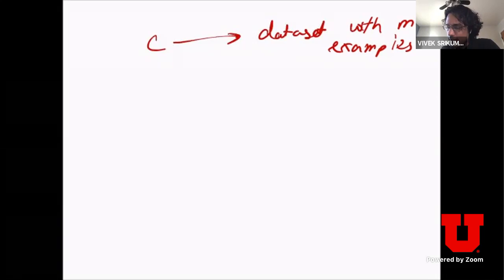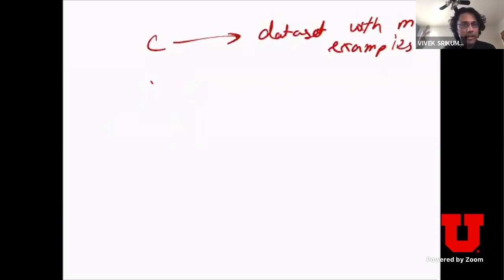All we are asking is what is the general... So in the consistent case, what we are asking is, does there exist a certain hypothesis that is bad? We're not asking about the best hypothesis at any point. We're just asking, does there exist some hypothesis that's bad? Because if there exists even one hypothesis that's bad, what does bad mean?